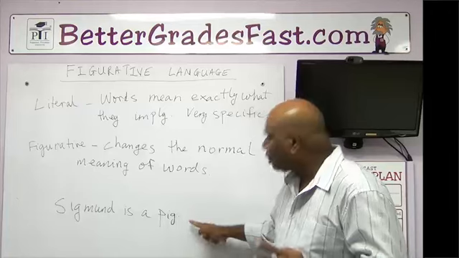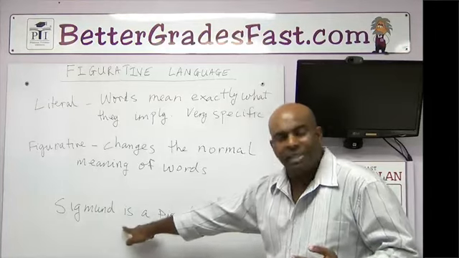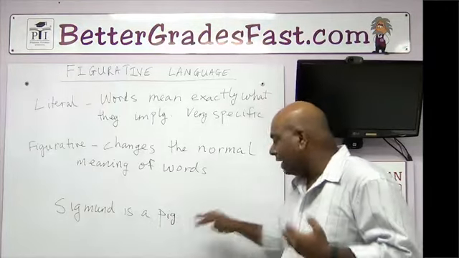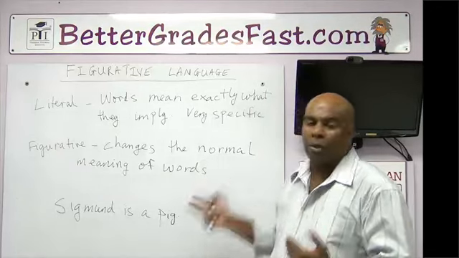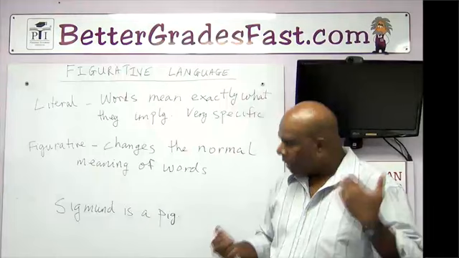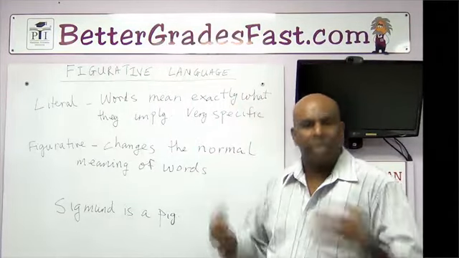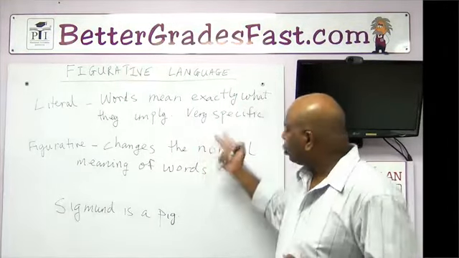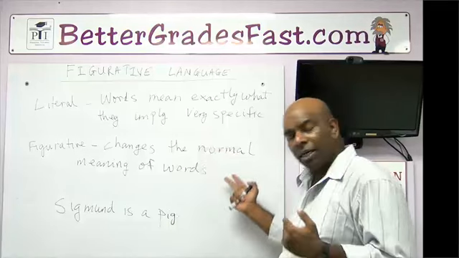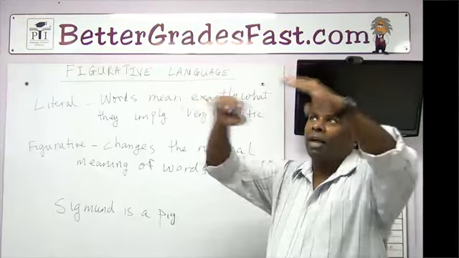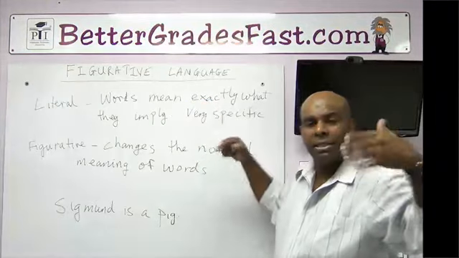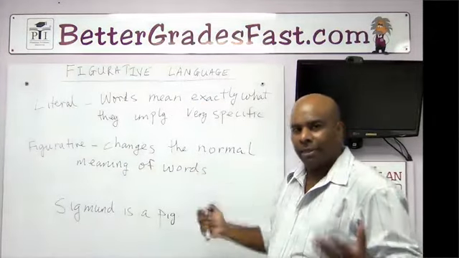And we can imagine that boy Sigmund being like a pig or being a pig. That's what figurative language does. And we often hear about figures of speech. That's what they do. They change the normal meanings of words so that we could try to picture how someone or something looks.